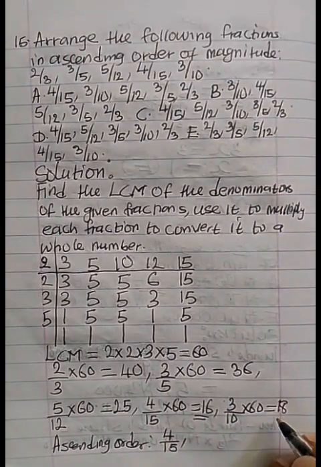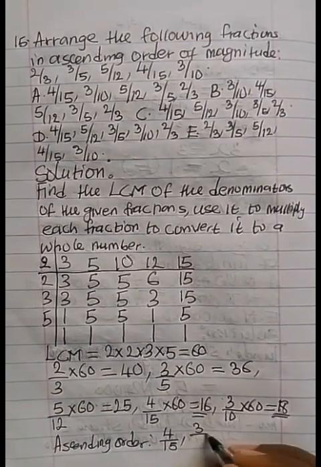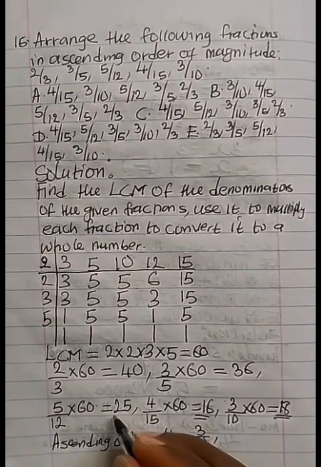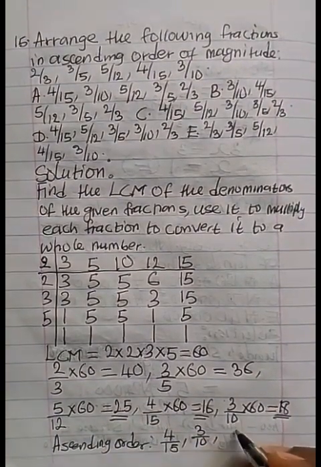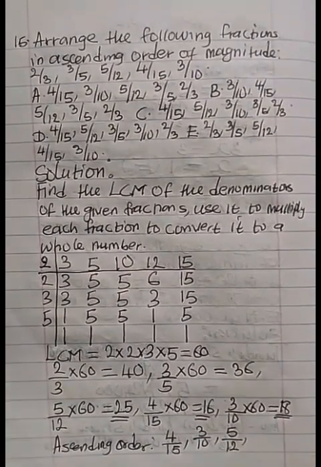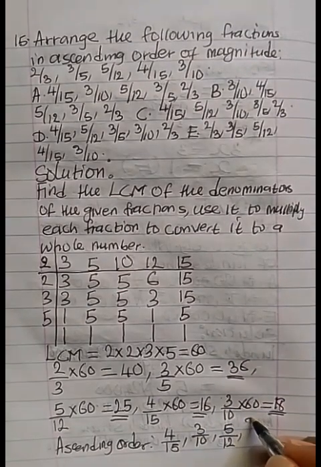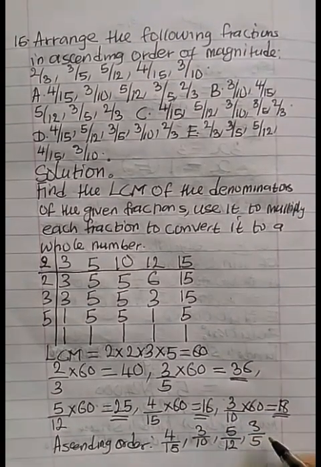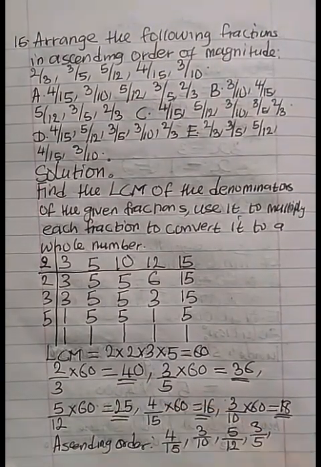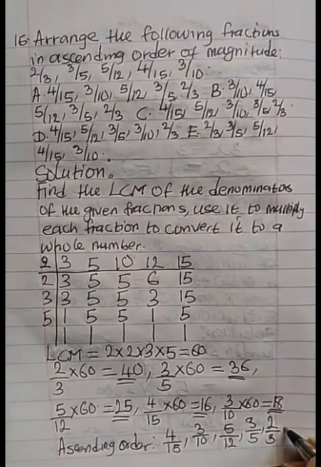The next whole number is 18, that is 3 over 10. The next one is 25, that is 5 over 12. The next is 36, that is 3 over 5. And the last one is 40, and you have 2 over 3.